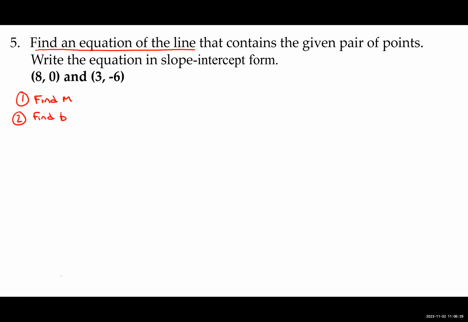So let's start off with the slope. What is the slope of this line? To find the slope, we do y value minus y value divided by x value minus x value. You just have to pick one of the points to call point number 1. I'll say, maybe the first one is point number 1 and the second one is point number 2.